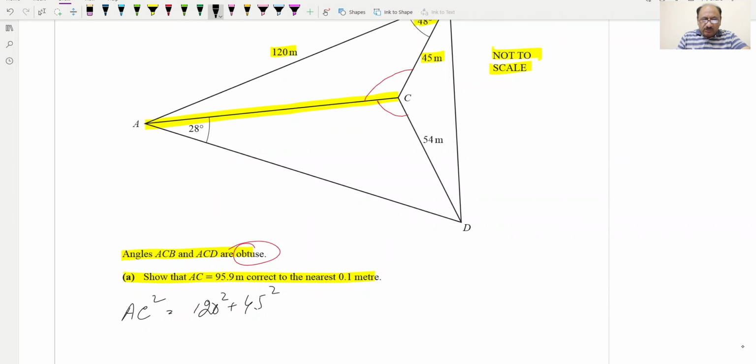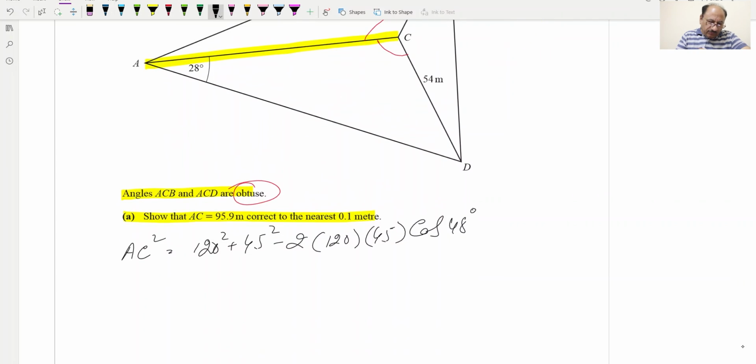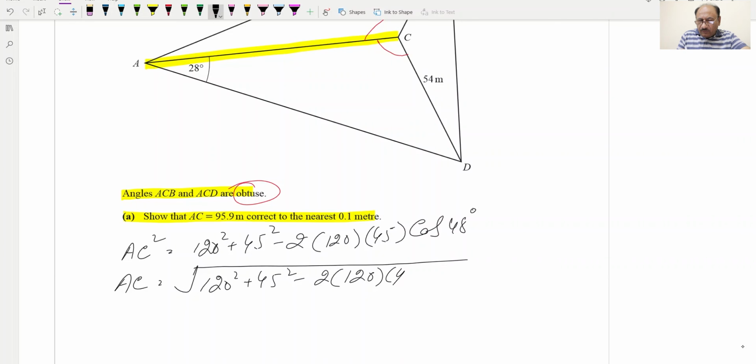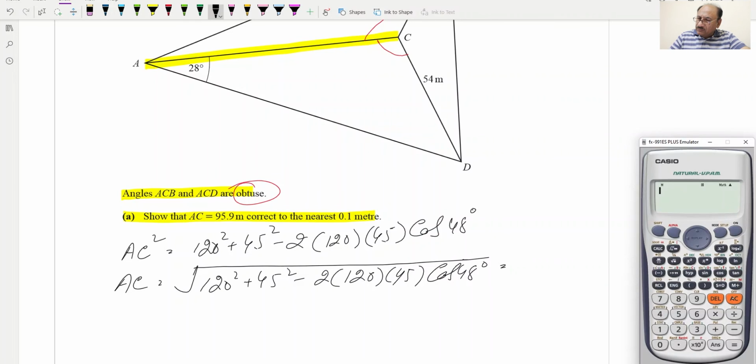Two sides squared we have taken, and minus 2 into 120 into 45 into cos of the angle, which is 48 degrees. Now we can find AC. AC will be root of this whole thing, 120 squared plus 45 squared minus 2 into 120 into 45 into cos of 48 degrees, and we can solve this.